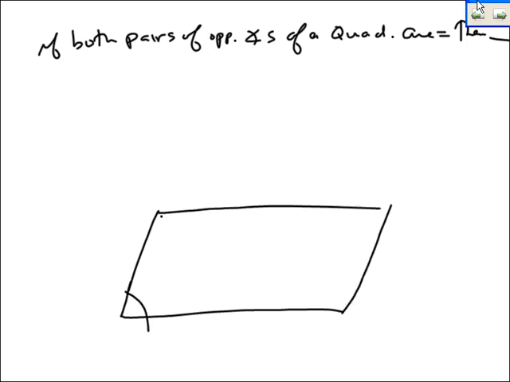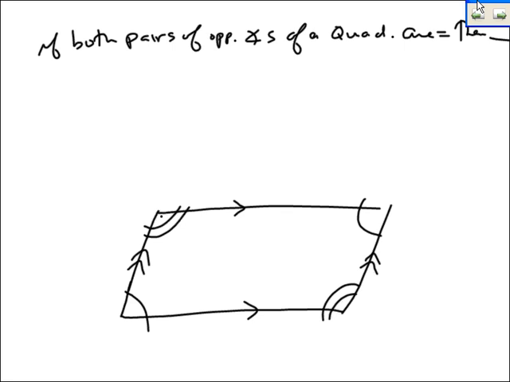If this angle and this angle are equal, and this angle and that angle are equal, and it's a four-sided figure, so it's a quadrilateral, it must be that those lines are parallel, and so are these. There's no way out of it. They must be parallel.